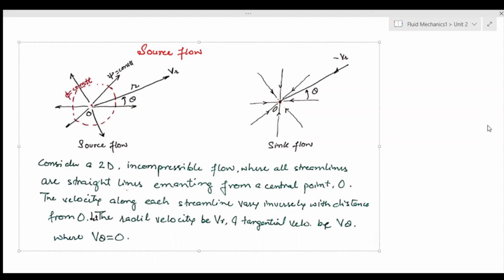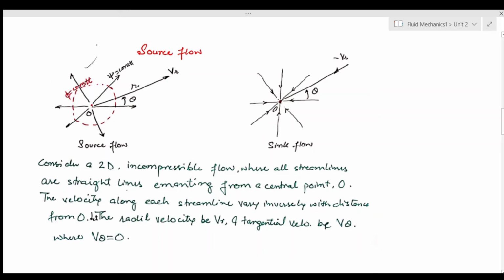Now, what is a source flow or a sink flow? Source flow is that kind of flow in which the flow is coming out radially from a single point. In two dimensions, you would see that flow is coming out from a single point, just like that here.